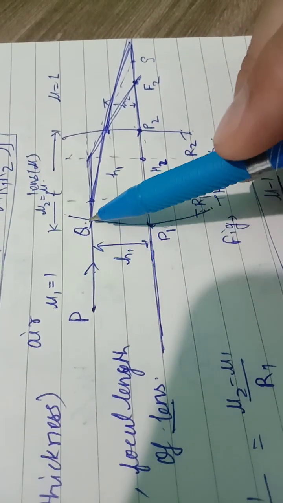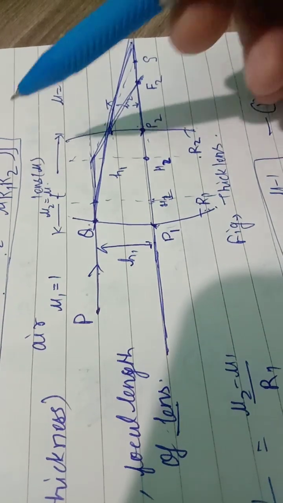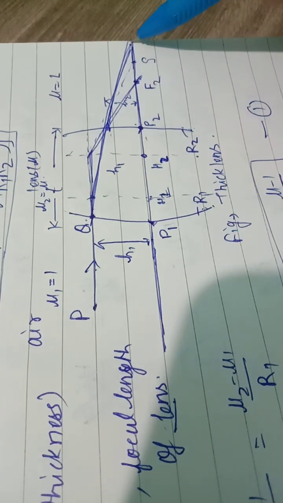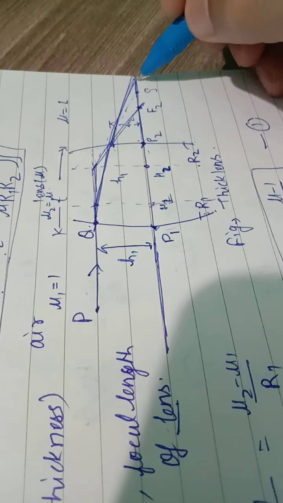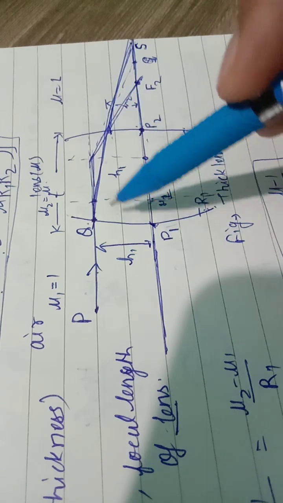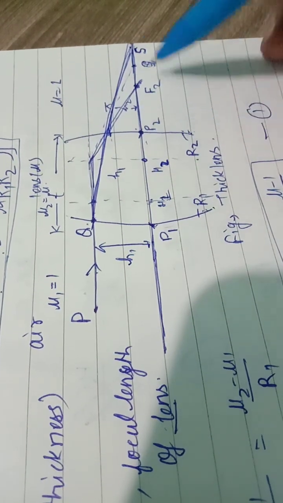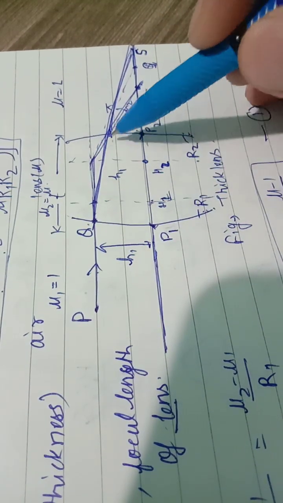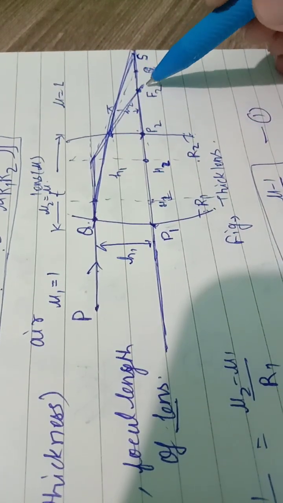Light will come from infinity, cut it here, and it will coincide with the principal axis at some point S. And if the second surface is there, then it will not go up to this point, it will emerge from this focus point.